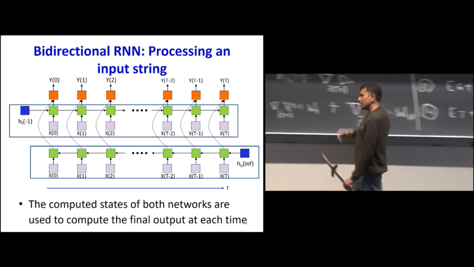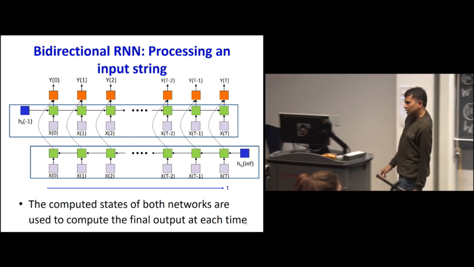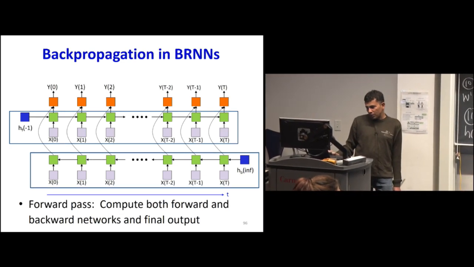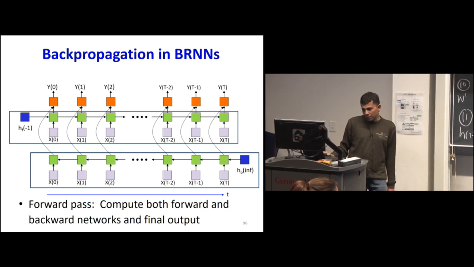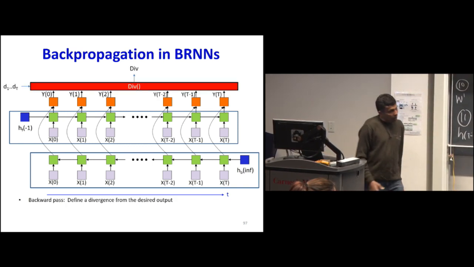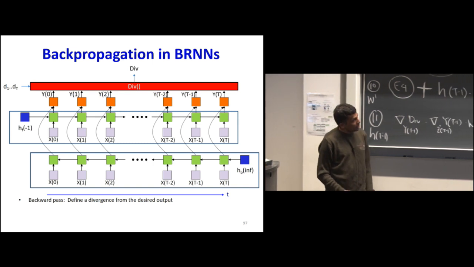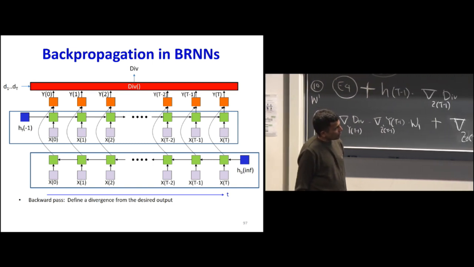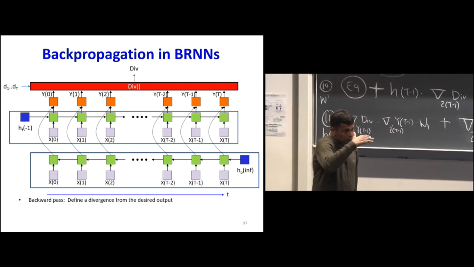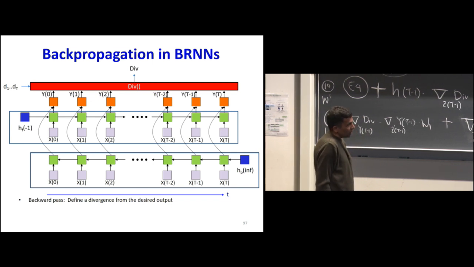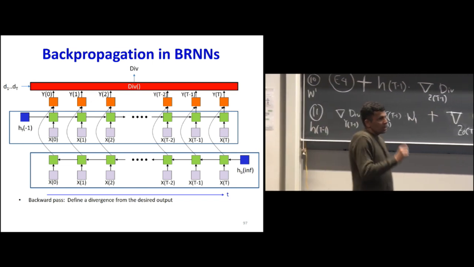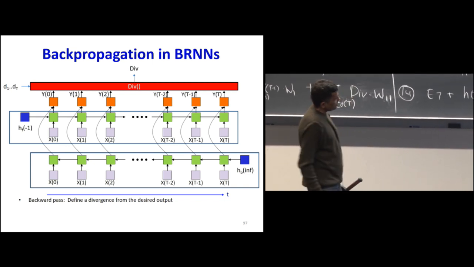Say you computed all of the variables in the forward pass, where you compute both the forward and backward networks and the final output. If you want to update your parameters and learn using backpropagation, as before, you define a divergence between the actual output and the desired output of the network.